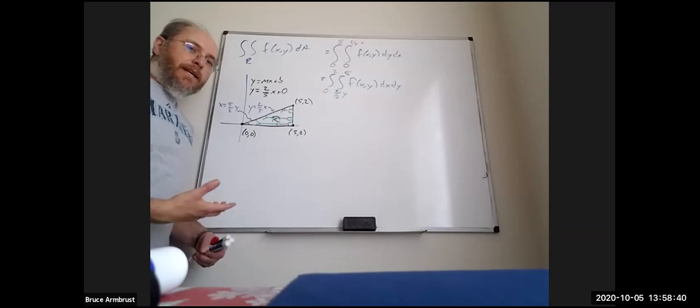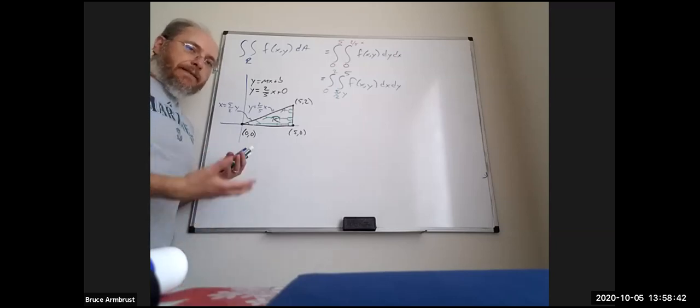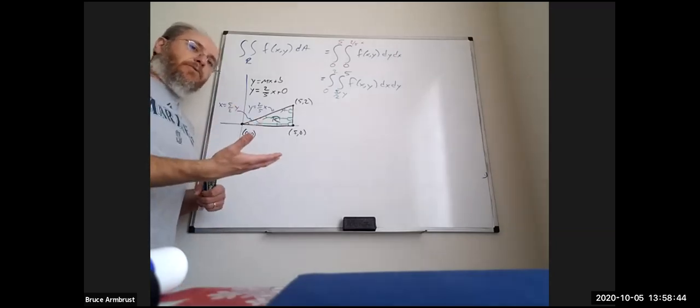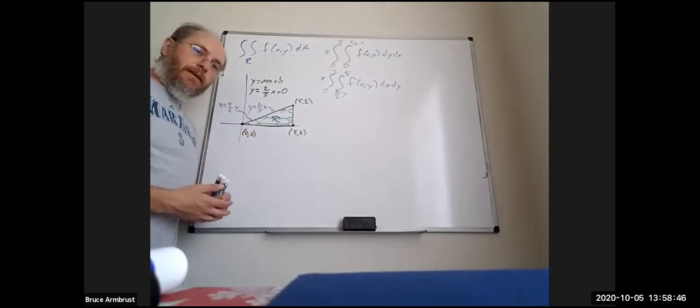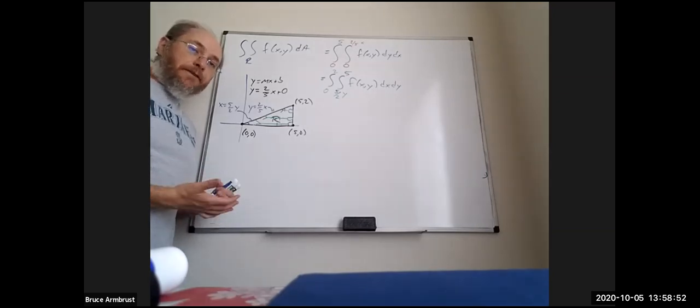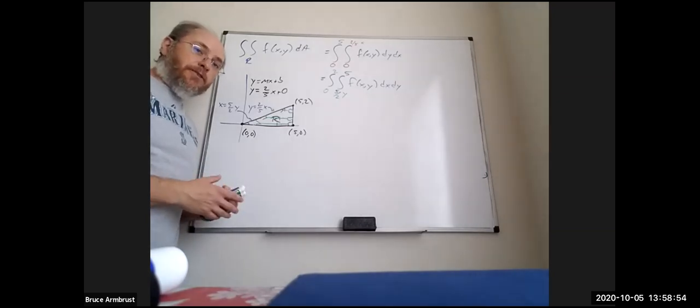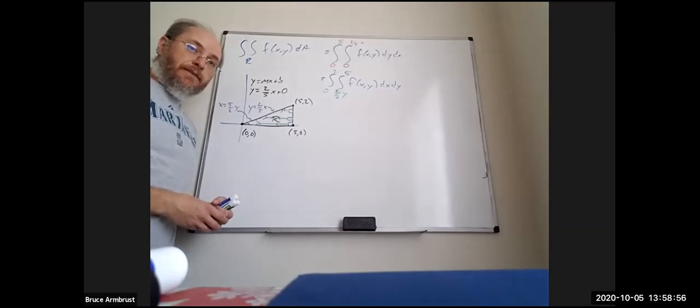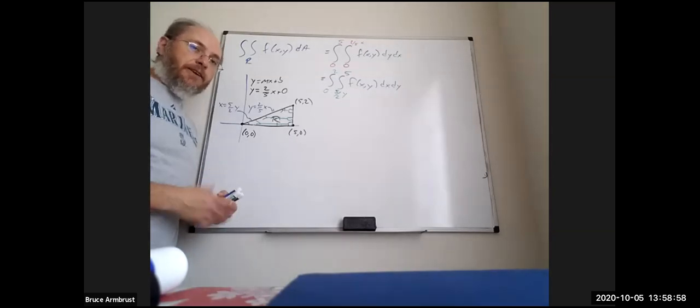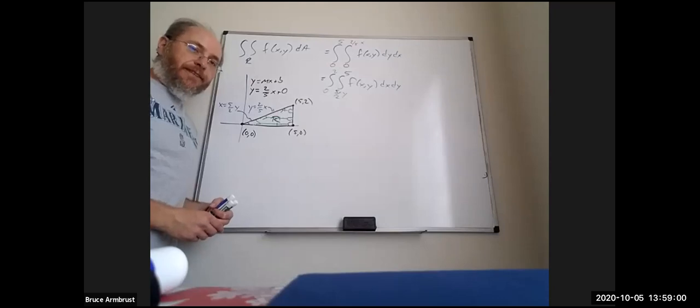And so when it comes to double integrals, it's kind of a balance. Sometimes it's the region that will really force you to do it a certain way. Other times it's the function that's really going to push you to do it a certain way. And if you're lucky, they both are trying to push you in the same direction, right? They're both trying to tell you, hey, do it with x first. Or they're both trying to tell you do it with y first.